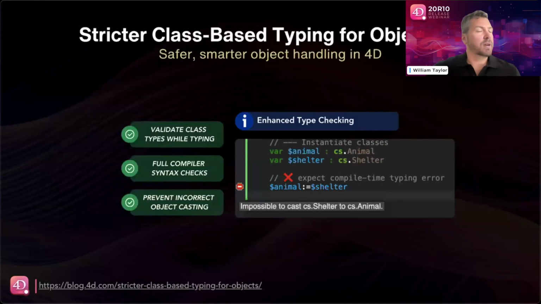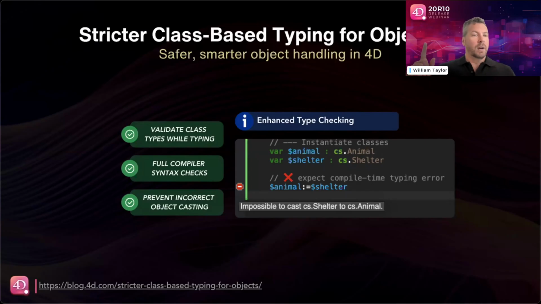And now let's move on to another key improvement in 20R10, stricter class-based typing for objects. Previously, 4D only checked whether something was an object, but that wasn't enough to prevent logical errors. You could still assign completely unrelated objects, like a shelter to an animal, right? That doesn't make any sense. And only to find out later in runtime.